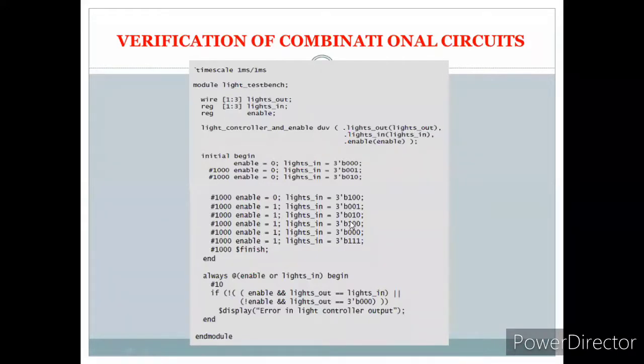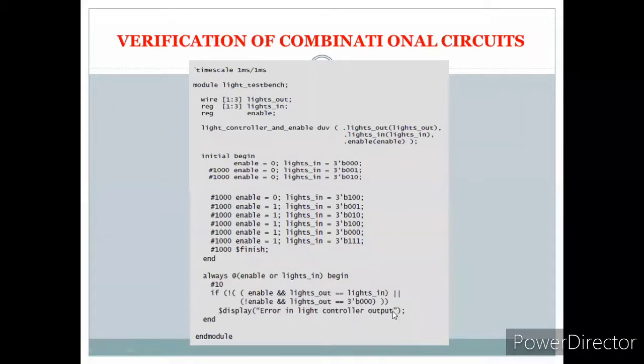Here the respective inputs are also changing, so the respective changes will be updated at the output. What happens when enable is 1 and light_out equals light_in? Whatever the light out is, it will be the same as light in. When enable is 0, the output is 0.